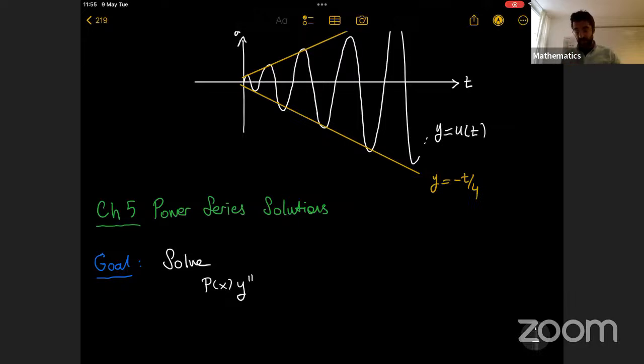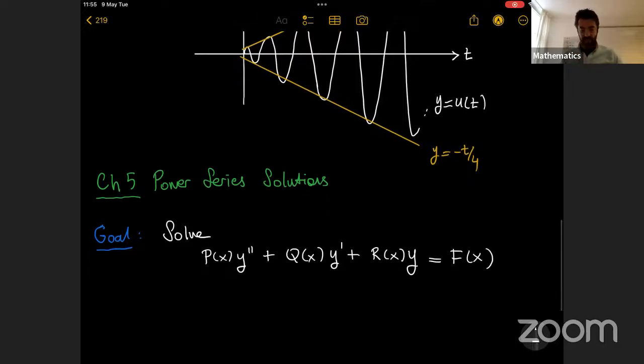Okay, we have non-constant coefficient p(x) and another q(x), and y prime and r(x) y is equal to f(x). So it's a second order equation with not necessarily constant coefficients.